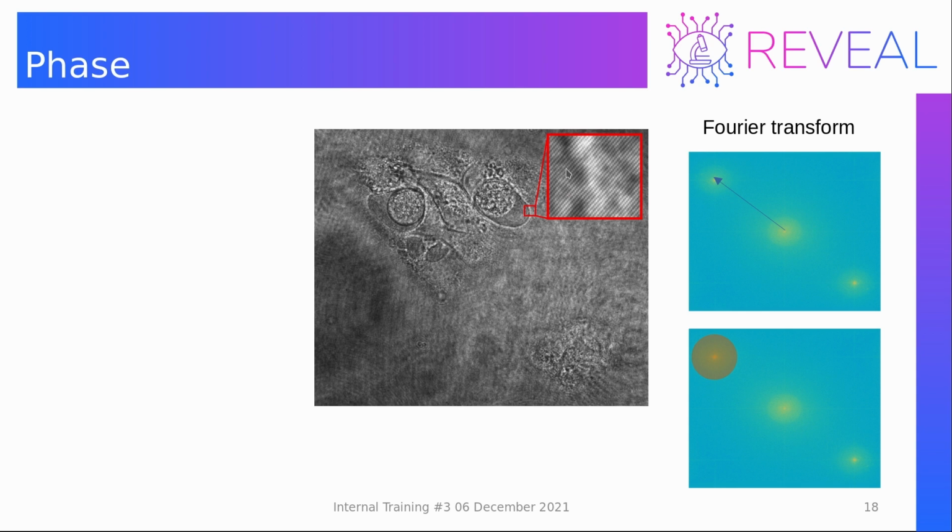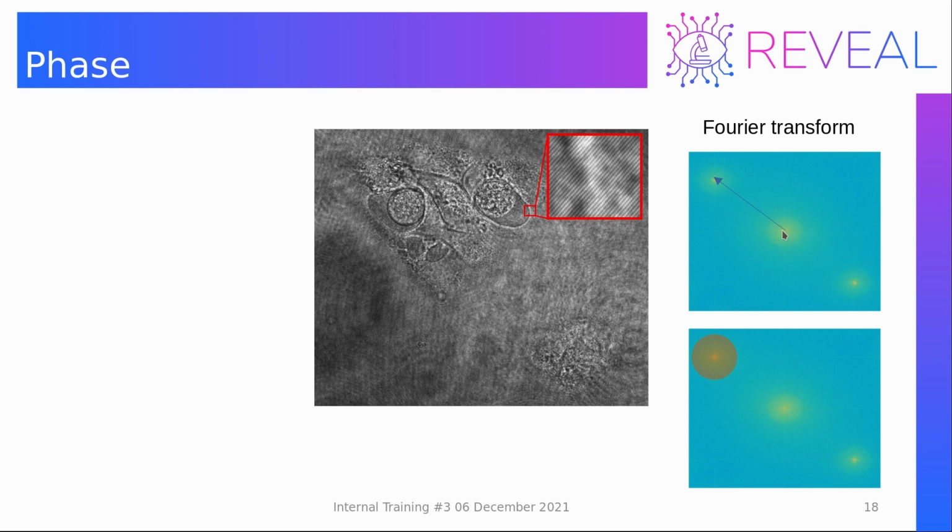And because we have these straight fringes here, our spectral information is divided into three parts: the central part and two parts, one here and the second one here.